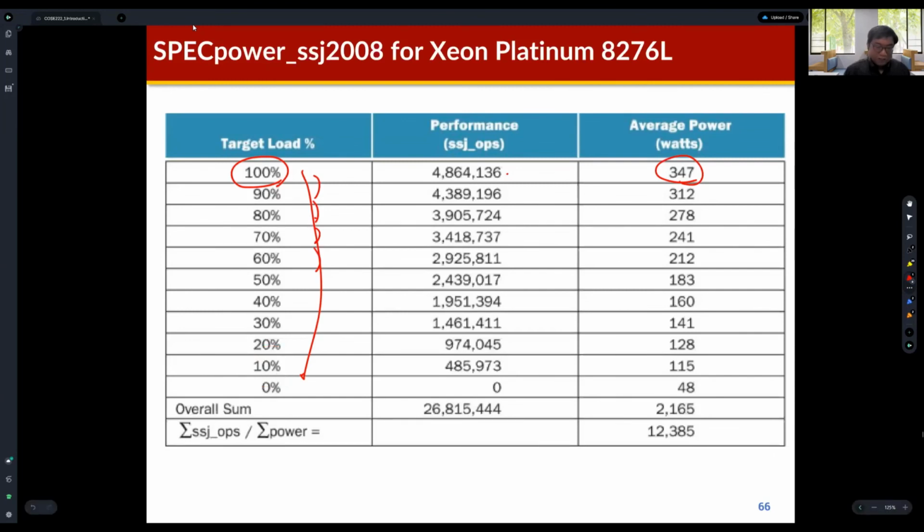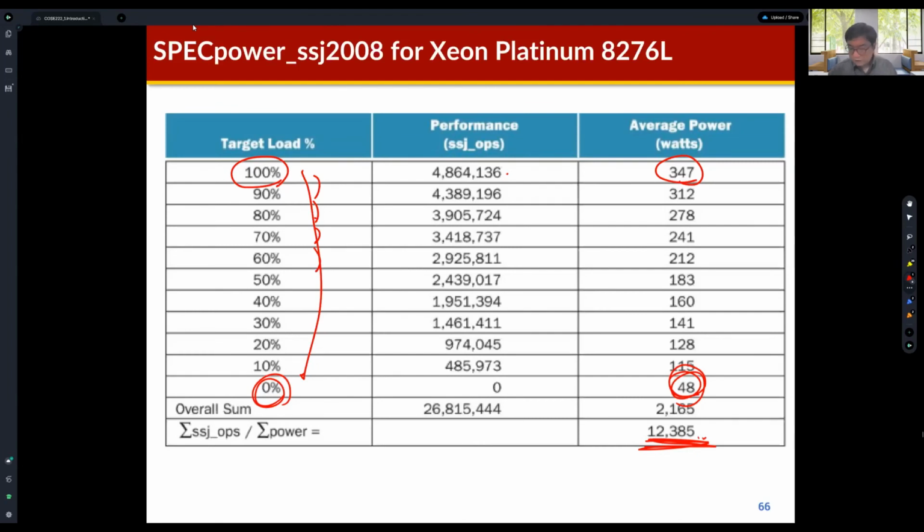The interesting thing is that even when no application is running on this CPU, this server system, power is still consumed. Then we can average this performance value divided by this power value. That is the score by SPEC power.